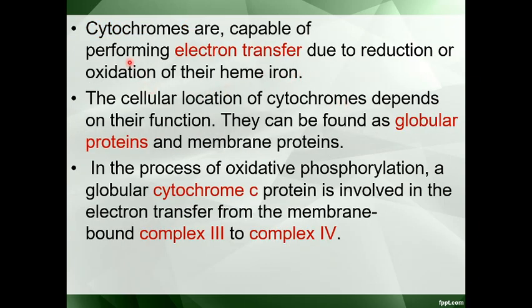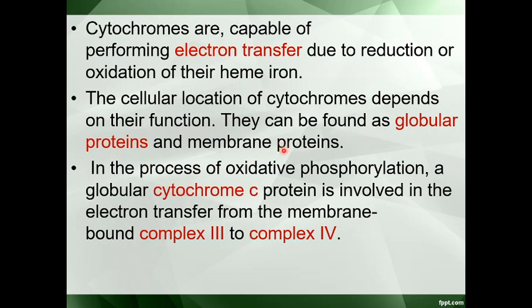Cytochromes, as I just told you, are capable of performing electron transfer due to reduction or oxidation of their heme iron. The location of a cytochrome depends on its function. They can be found as globular proteins and membrane proteins.